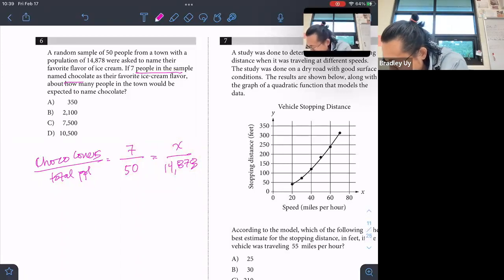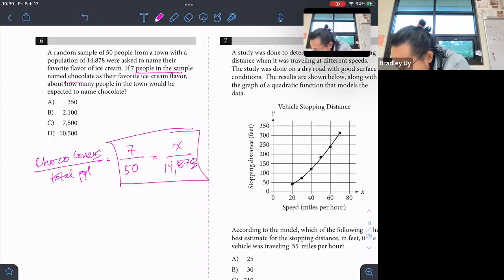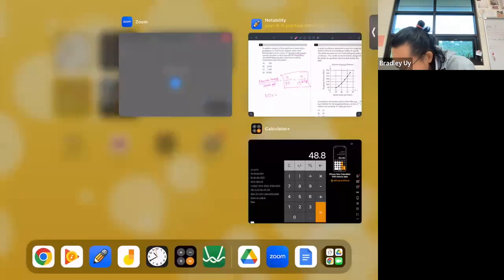So this is an equation, like I said. Whenever you have a fraction equals a fraction, a very powerful technique is to, you guessed it, cross multiply. 50x equals, okay? And we've got to get to a calculator, 14,878 times 7.